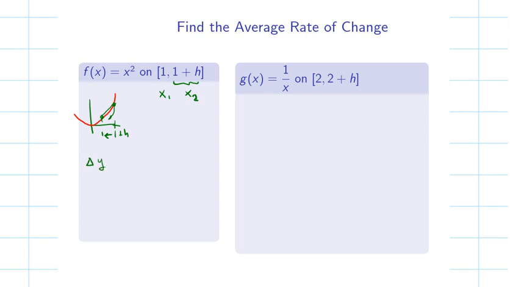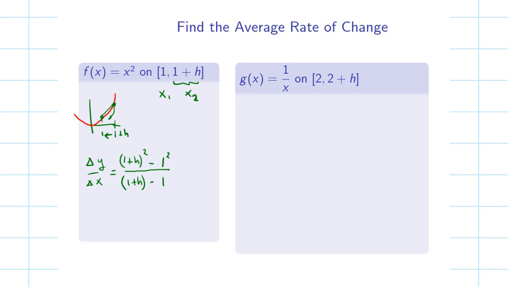We want just delta y over delta x. And delta x is the new x value minus the old x value. And delta y is the new y value, that's 1 plus h squared, minus the old y value, which is 1 squared.